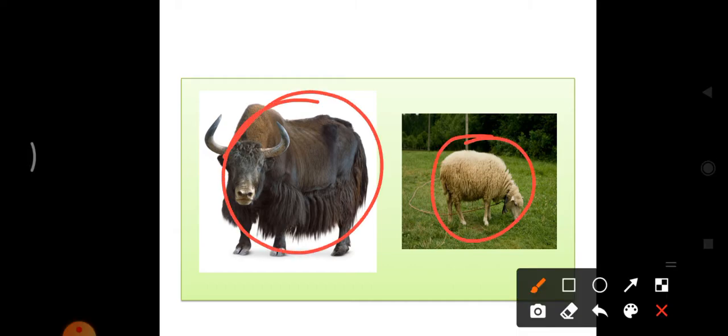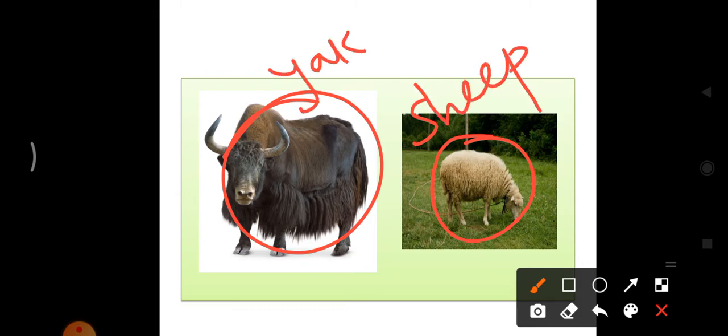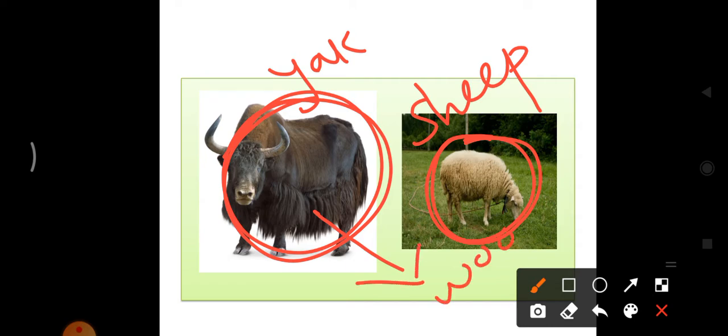This is a sheep and this is a yak. From this fleece we are getting the wool. From this wool we are making the woolen clothes.